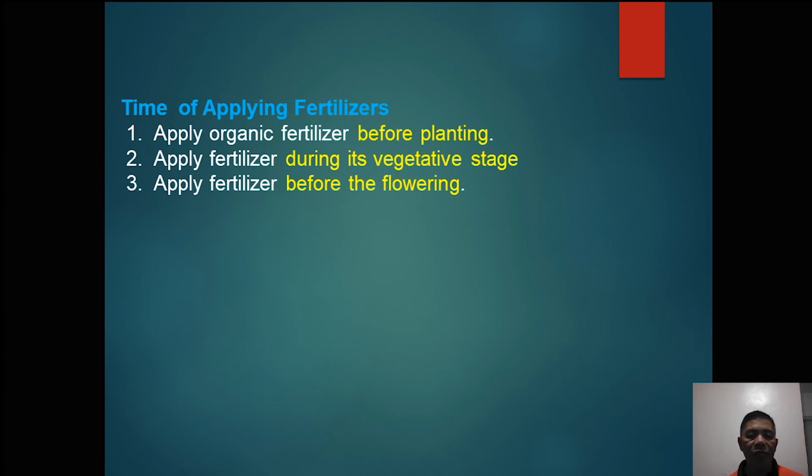And sometimes, if the organic fertilizer is still fresh, like chicken dung or hog manure, and when you transplant the seedlings, sometimes it causes a burning effect.